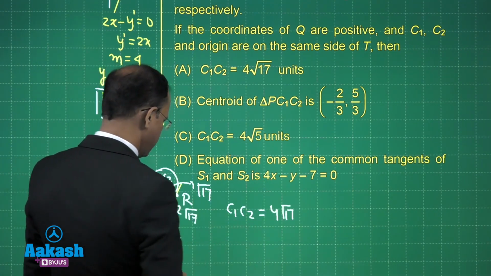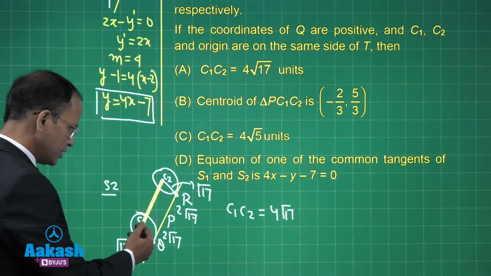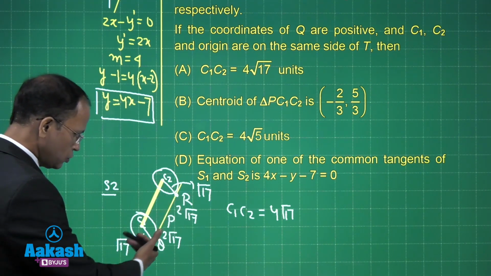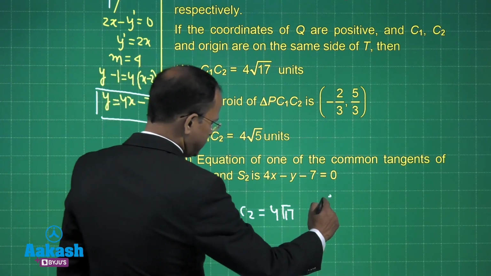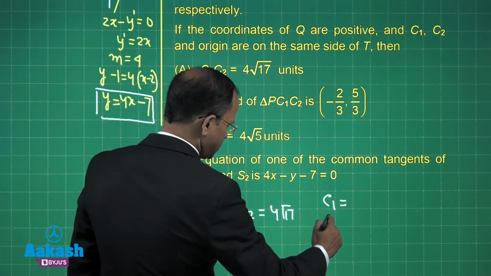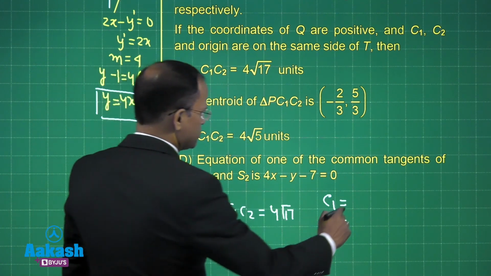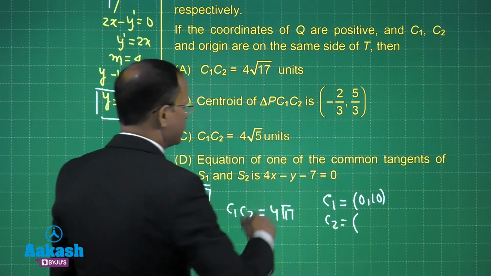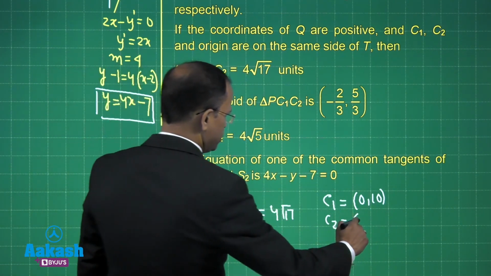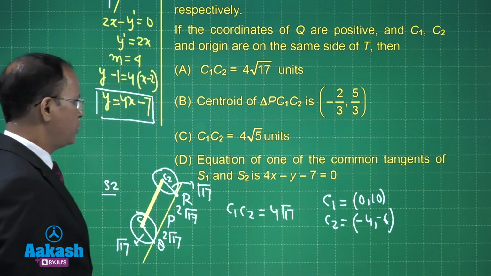Now, if we take some x1, y1, x2, y2 and do the calculation, C1 is going to be 0 comma 10, and C2 is going to be minus 4 comma minus 6. This is how it works.